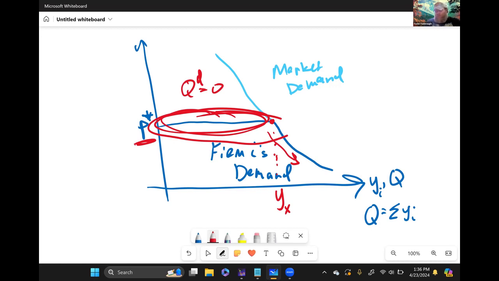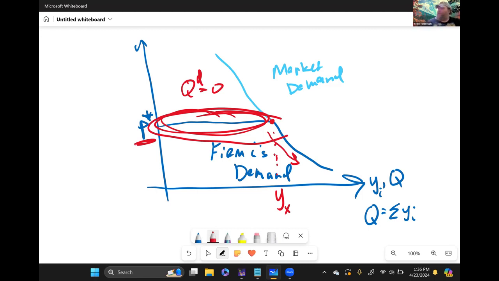So unless the firm is able to produce out to YX, then the firm is going to stay in that left portion, the horizontal demand curve. And so essentially, the firm doesn't have price setting power because the firm isn't able to produce enough to be able to capture the market.